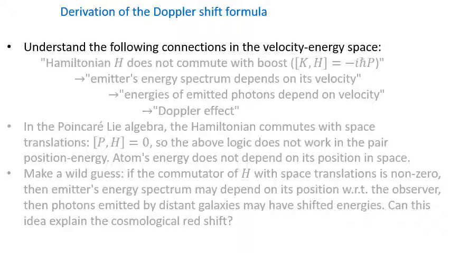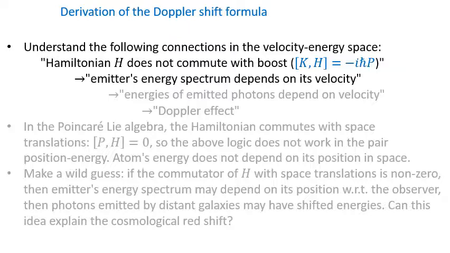There is nothing new in this derivation, but I wanted to show you how Doppler effect is related to commutators in the Poincaré-Lie algebra. Here is the logic. The Hamiltonian does not commute with boosts. This means that atom's energy depends on its velocity. This in turn means that the energy of emitted photons also depends on the velocity of the atom, which shows up as the Doppler effect.